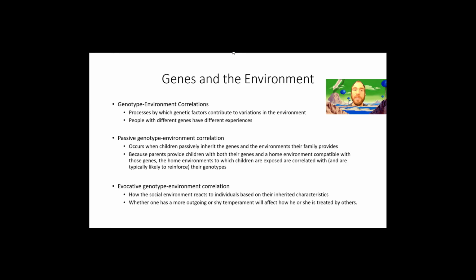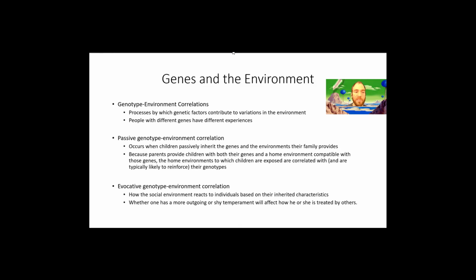So the parents are creating home environments that are reflective of those genes. Children are passively taking in that home environment, which is partially or fully designed by people with certain genetic archetypes, which again are 50% from the mother and 50% from the father in the case of the infant.